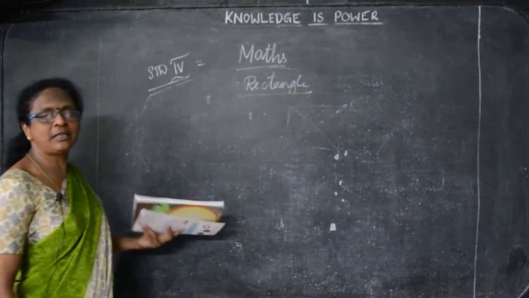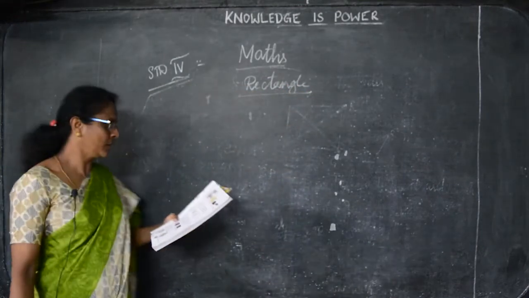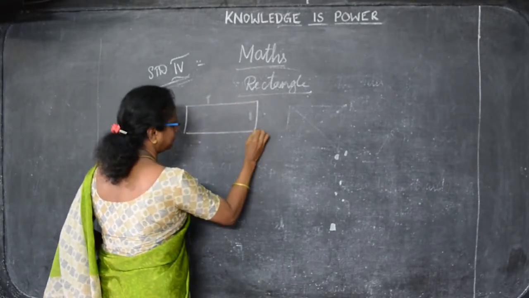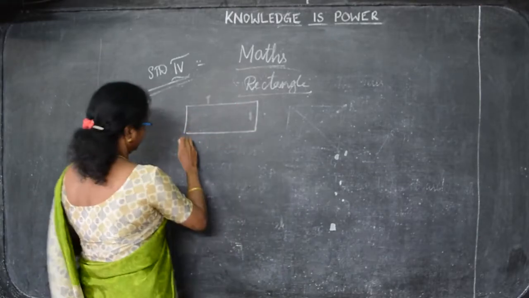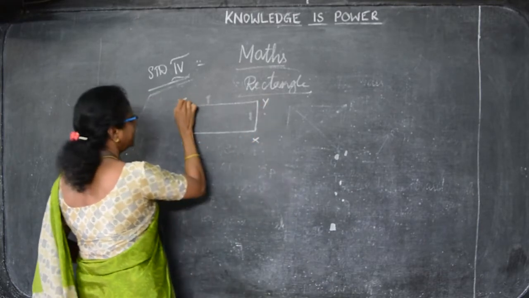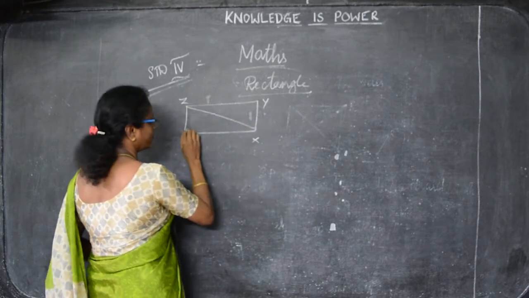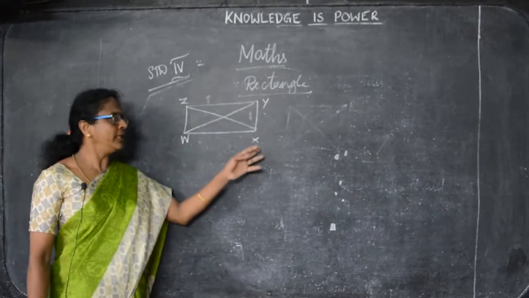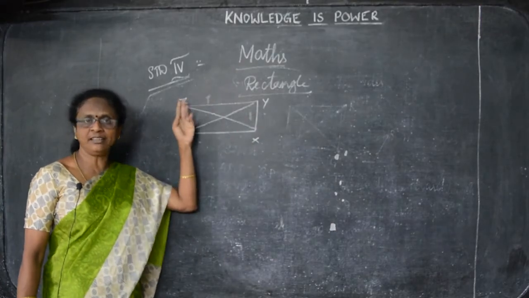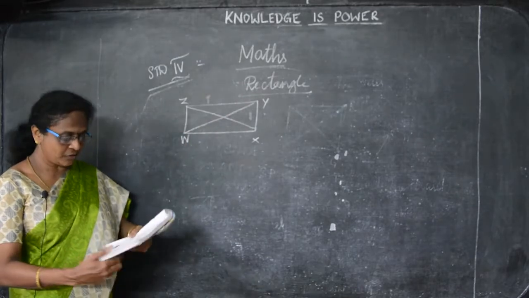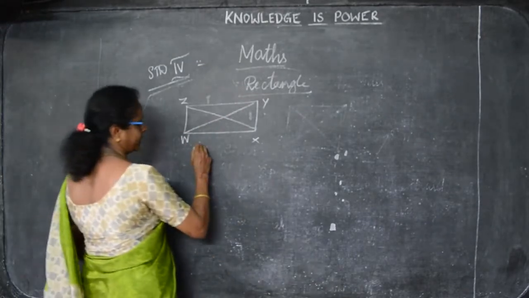The same points as we have seen in the square. So you draw the rectangle W, X, Y and Z, and draw the diagonals also. W, X, Y, Z is the rectangle, and the diagonals are in the middle. Now we have to write the four sides.